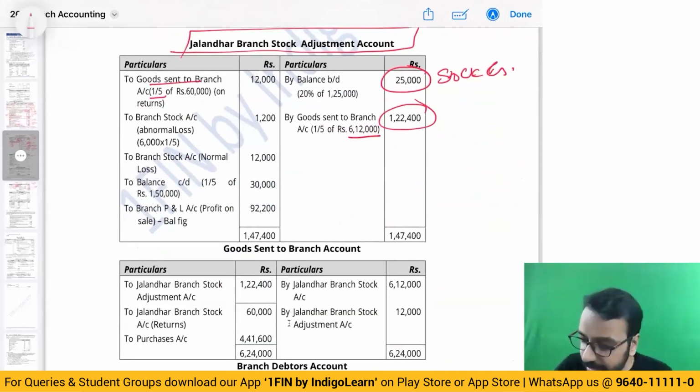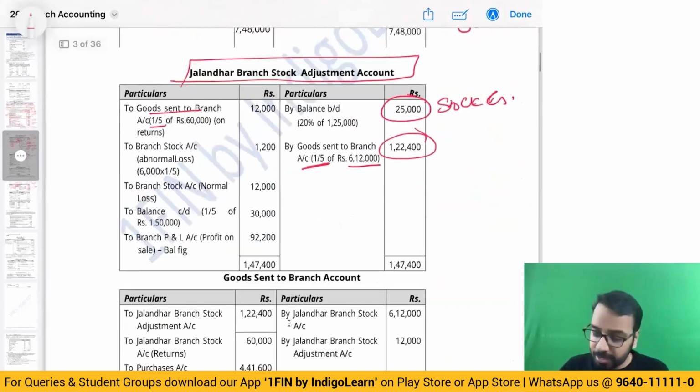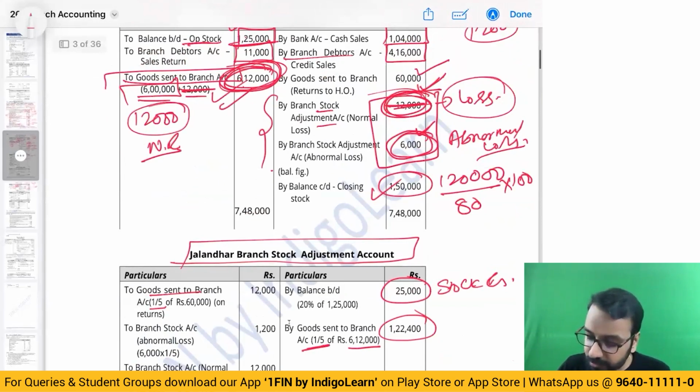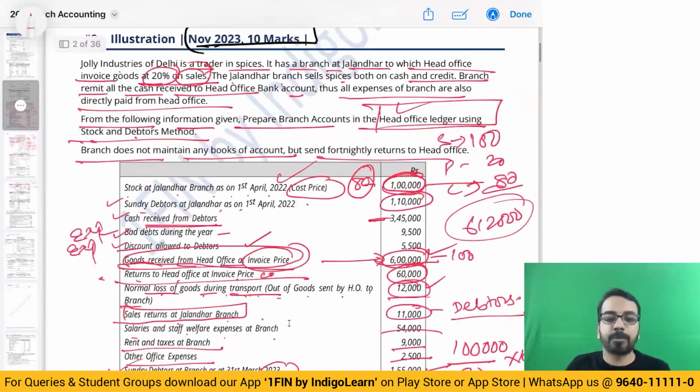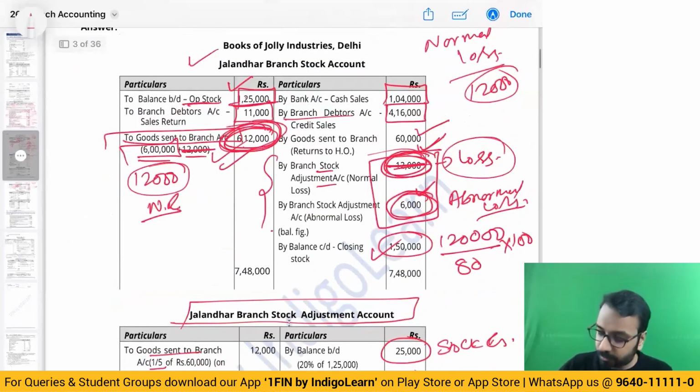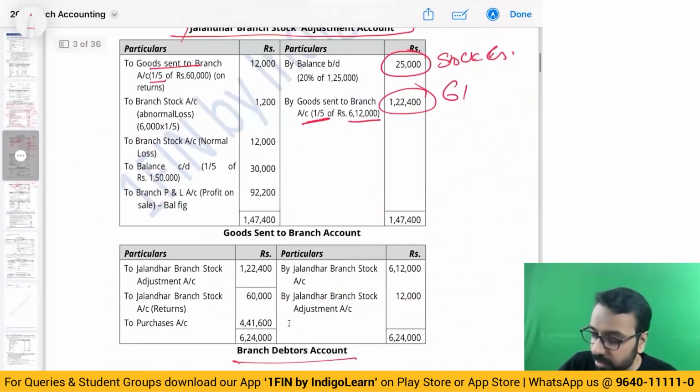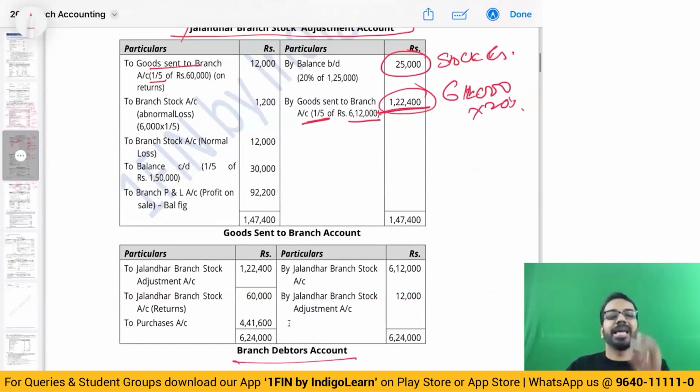So 6,12,000 divided by 5. Why? Because this is at invoice price and it is 20% on sales price. So I have sent 6,12,000. Here I'll have 6,12,000 into 20%. I get 1,22,400. That is the profit element on the goods transfer.